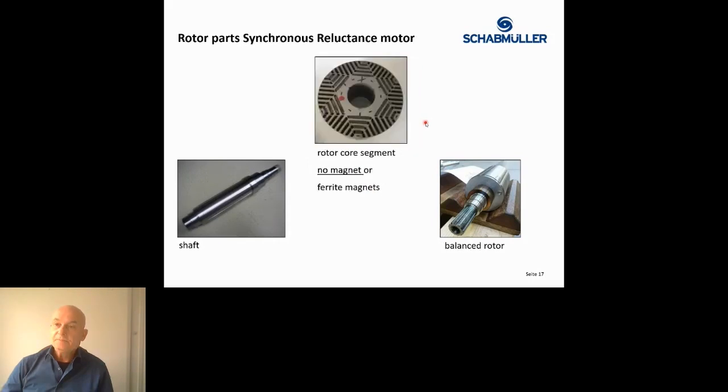Another way to use ferrite, or to avoid the rare earth magnet, is to use the synchronous reluctance technology, which can work without magnets or with some layers of ferrite magnets.